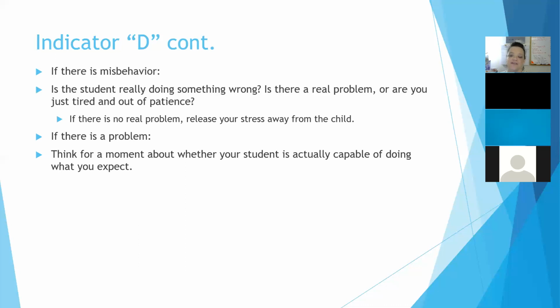is the student actually capable of doing what you expected? And that's where knowing your kids really well comes into play, right? My son is autistic, and there are times where I just want to be like, why can't you do this? And he can't do it. He can't.